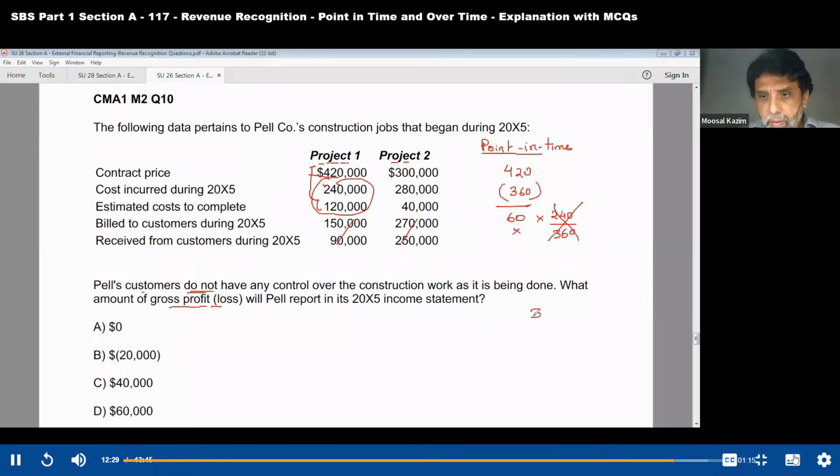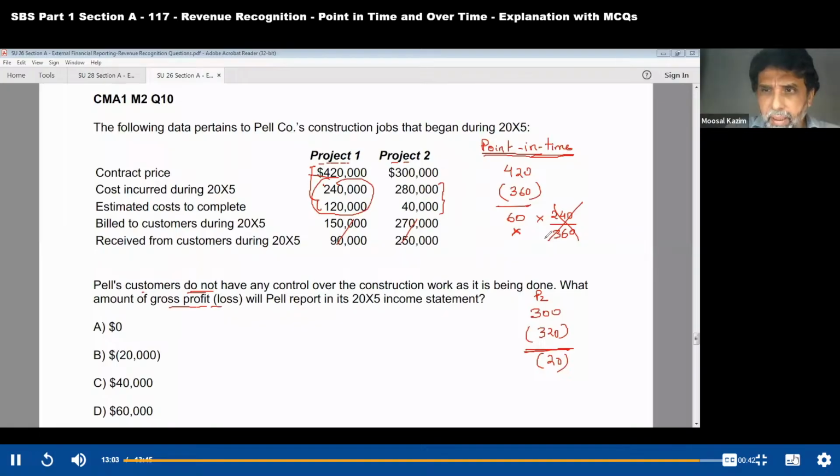However, there's going to be a loss on project 2, as we saw. 300 is the contract price, 320 is the cost. So there's a loss of 20. Now, as I told you, point in time is a super conservative method. You don't recognize profits at all, not even to the extent of percentage of completion. But if there is an estimated loss, you recognize that immediately.